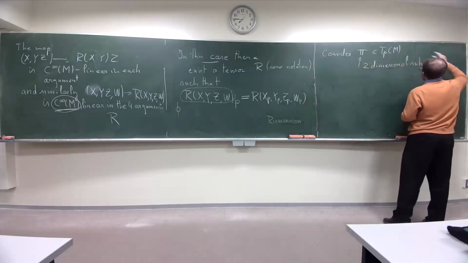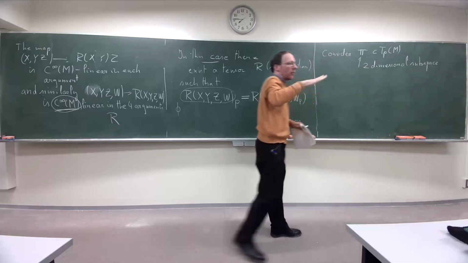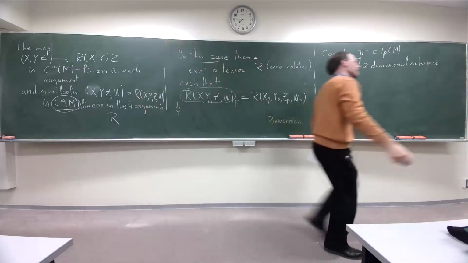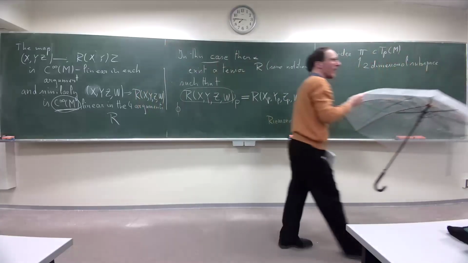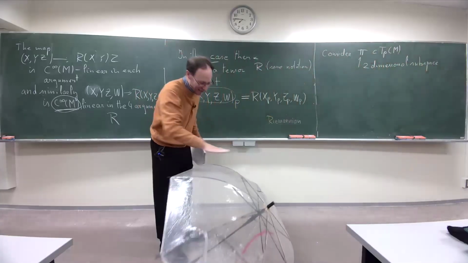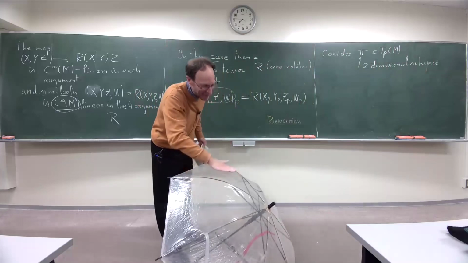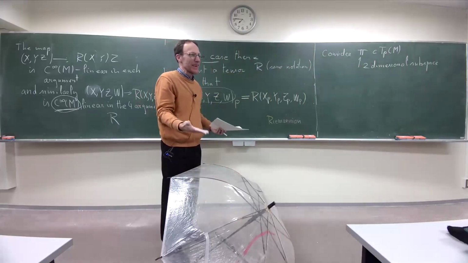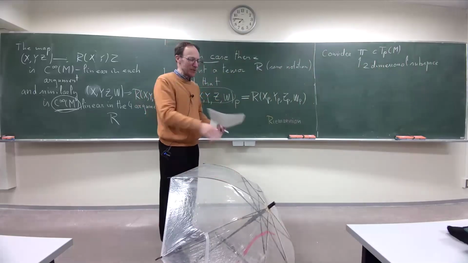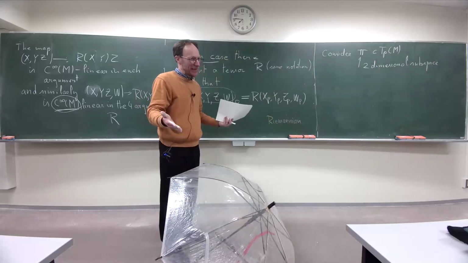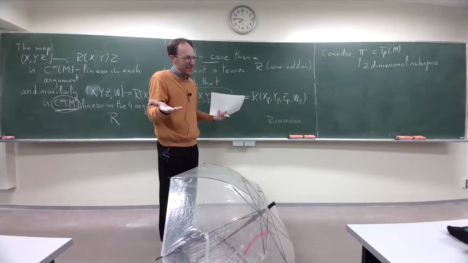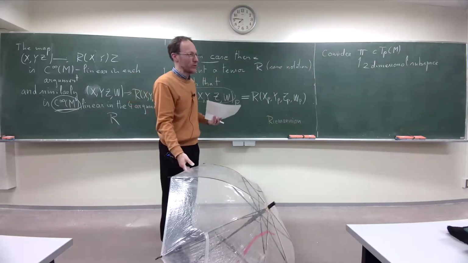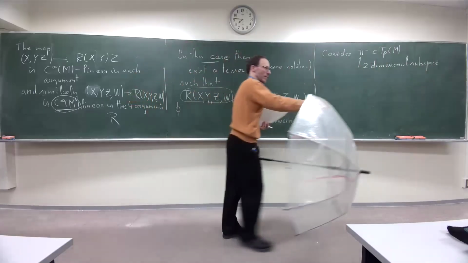So you have TPM, which is of the dimension of the manifold. Unfortunately, my manifold here is two-dimensional, so the tangent space is two-dimensional, and I cannot construct anything else as a two-dimensional subspace. But think about a manifold of dimension 3. The tangent space is three-dimensional. And inside this three-dimensional space, you have plenty of two-dimensional subspaces.